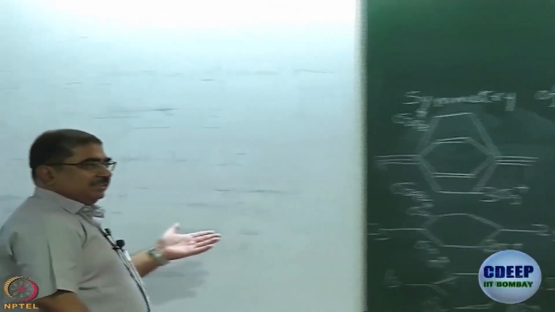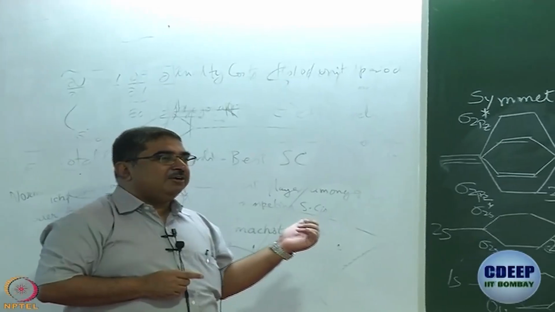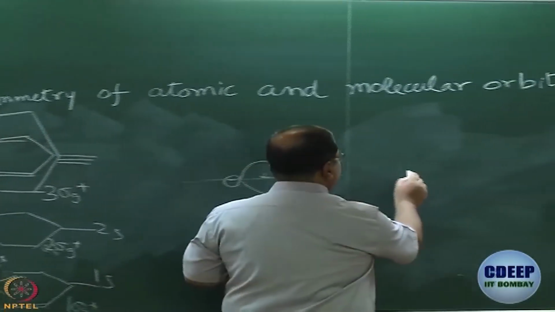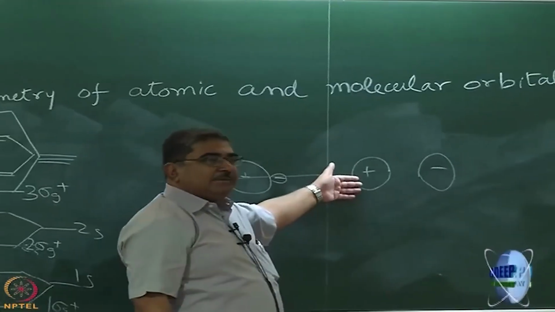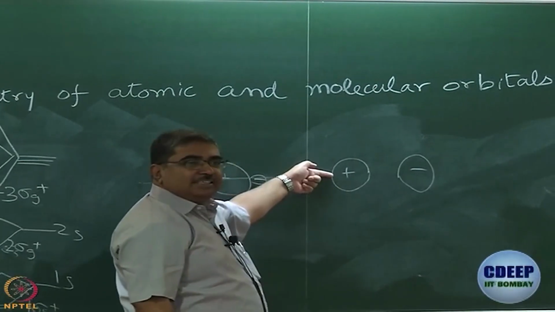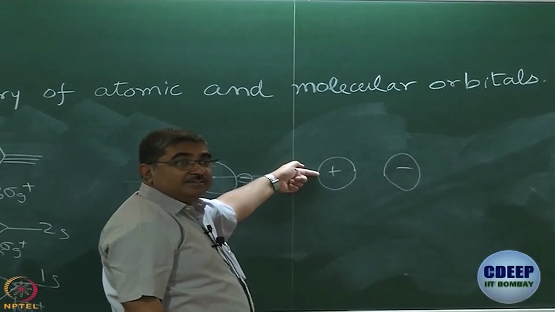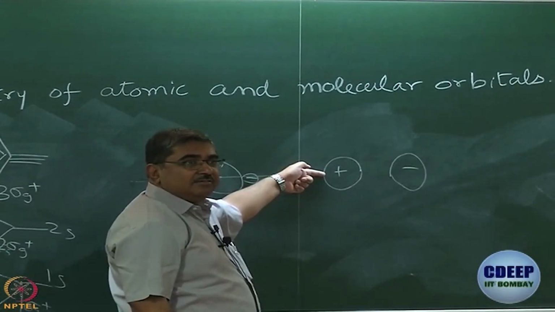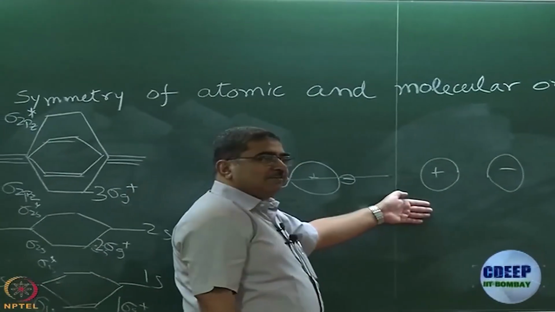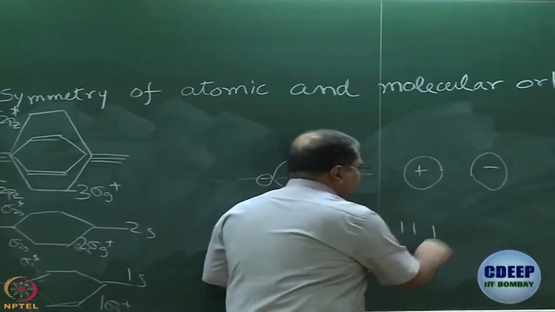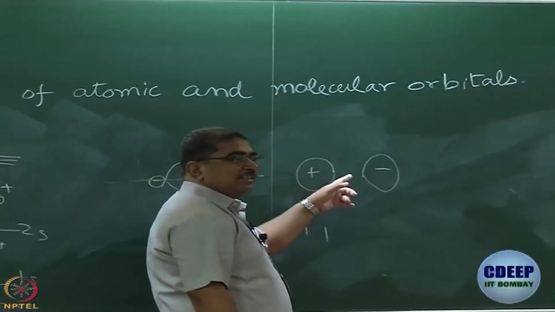What about the antibonding orbitals? Remember what was the antibonding orbital? We worked it out yesterday. Antibonding orbital sigma, something like this. For E the character is plus 1. For C infinity the character is plus 1. What is the next one? Yes, sigma V. What is the character? 1. Then what is it? I, oh I missed I in the previous one, but no harm. For I, what is the character?